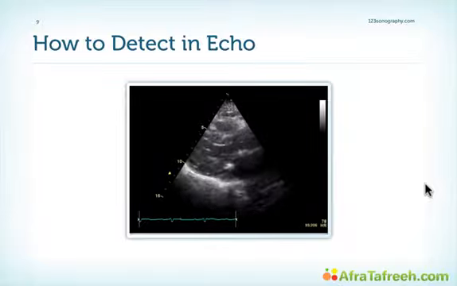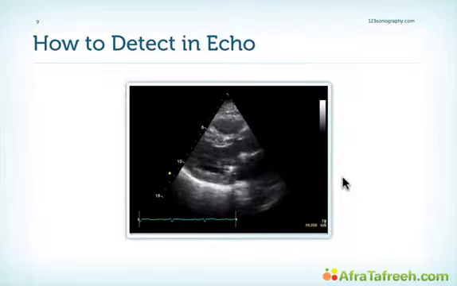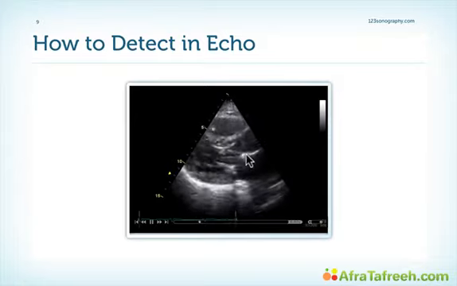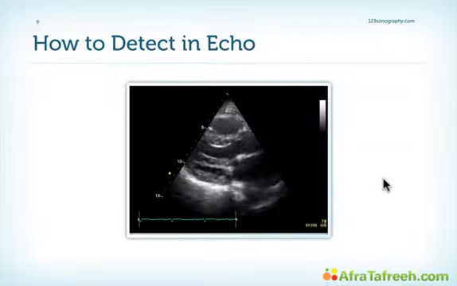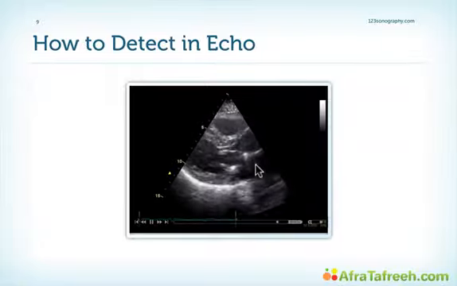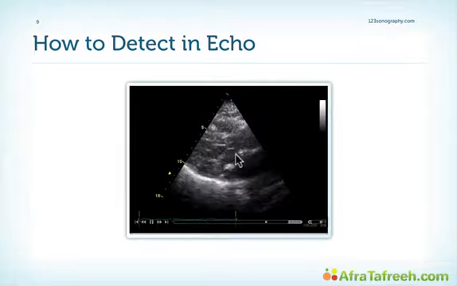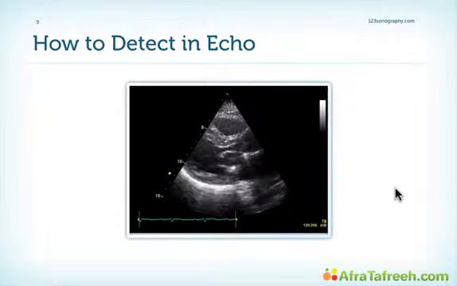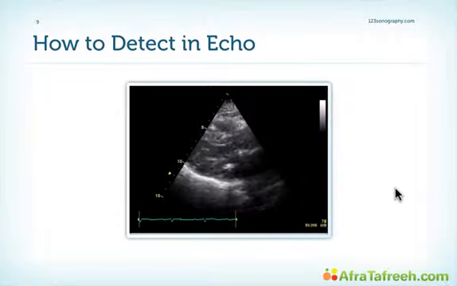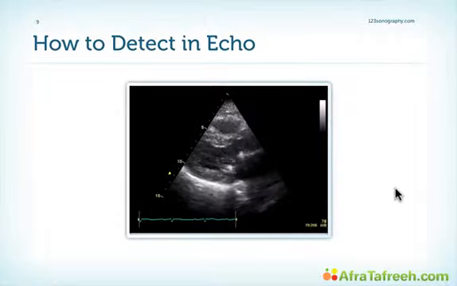Such rings are also nicely visible with echo, both in a parasternal long axis view, but also in apical views such as the 3-chamber view or the 4-chamber view. Those bright echoes here, this is the ring in a patient with a repaired valve. We'll hear more about how to recognize a repaired valve later on in a demonstration.